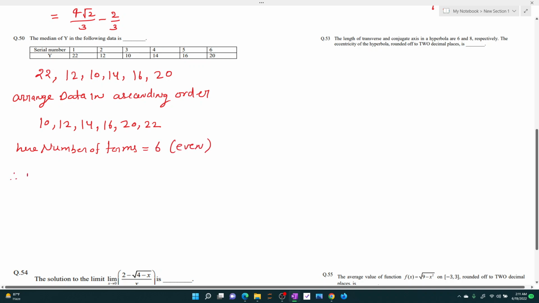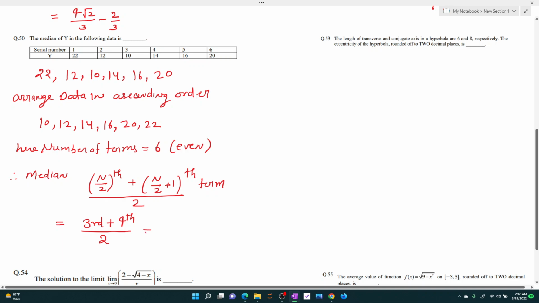Therefore, the median is the n by 2th term plus the n by 2 plus 1th term, and the sum is divided by 2. So this is the third term plus the fourth term, divided by 2. The third term here is 14 and the fourth term is 16, divided by 2, so the median comes out to be 15. So 15 is the correct answer here.